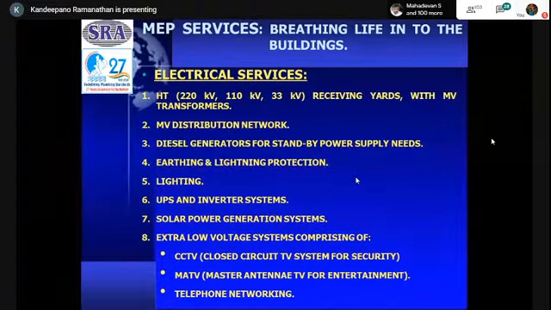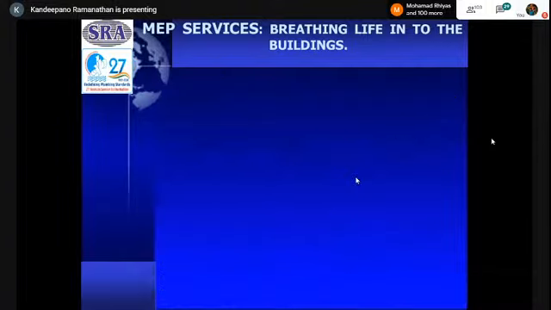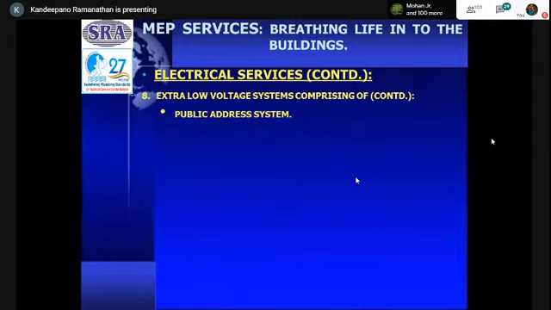Now, telephone networking, obviously, you know what it is. From a common exchange, we do the wiring network for so many telephone outlets. There are norms and standards for this. And electrical services, PA, public address system.